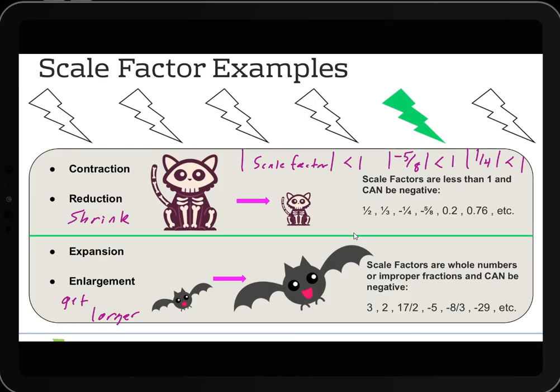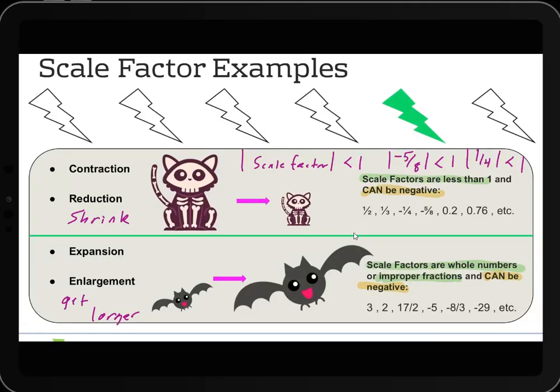The reason I'm saying that is because if you look at the enlargement cases, you can have whole numbers or improper fractions, and they also can be negative, right? Just as with reduction, you can have factors less than 1 and can be negative as well.